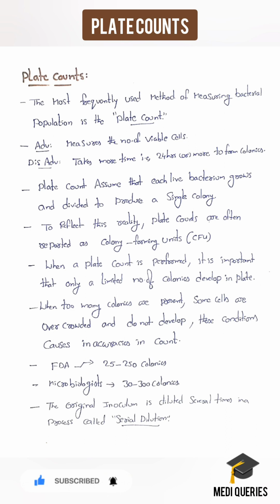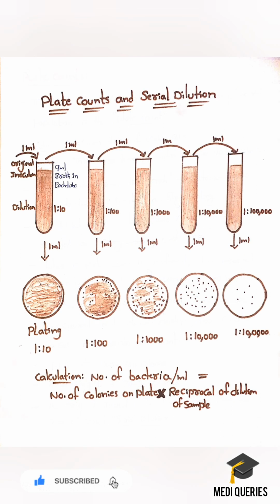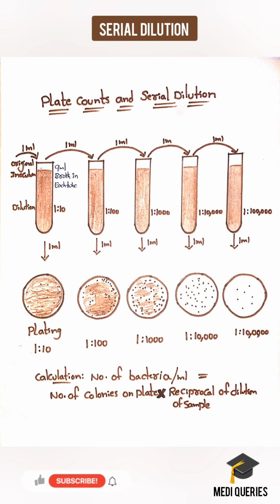To ensure that some colony counts will be within this range, the original inoculum is diluted several times in a process called serial dilution. See the figure. So this is how we will conduct the serial dilution process. Let's say, for example, that a milk sample has 10,000 bacteria per milliliter.